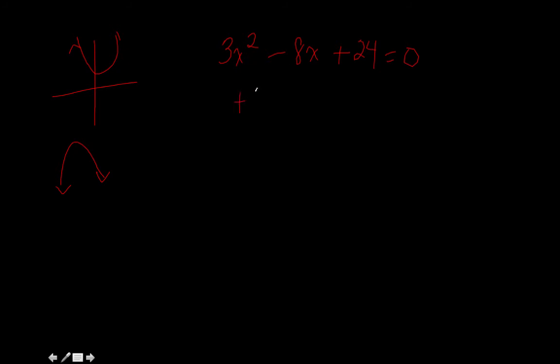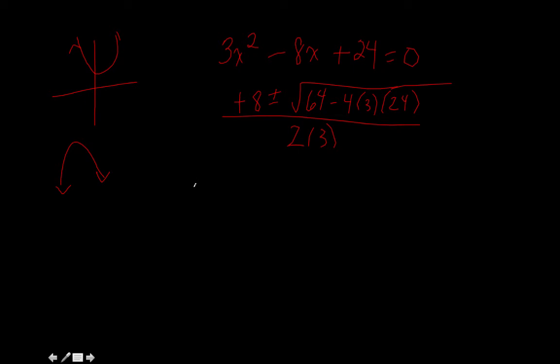So negative b, 8, plus or minus square root of b squared minus 4 times a times c over 2a, equals 8 plus or minus square root of 64 minus 288 over 6.